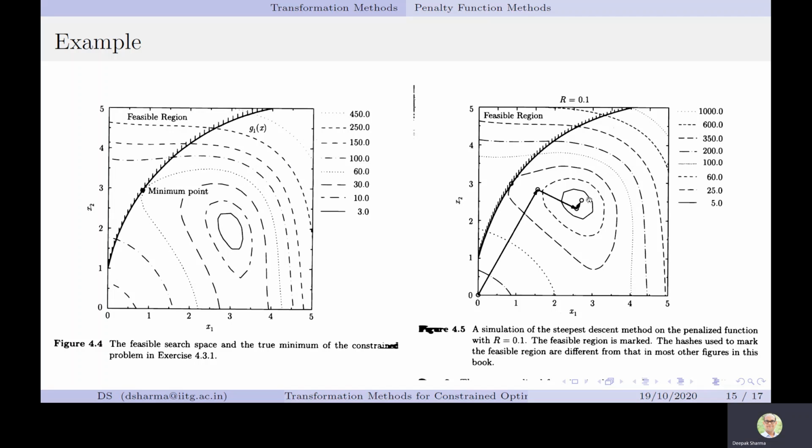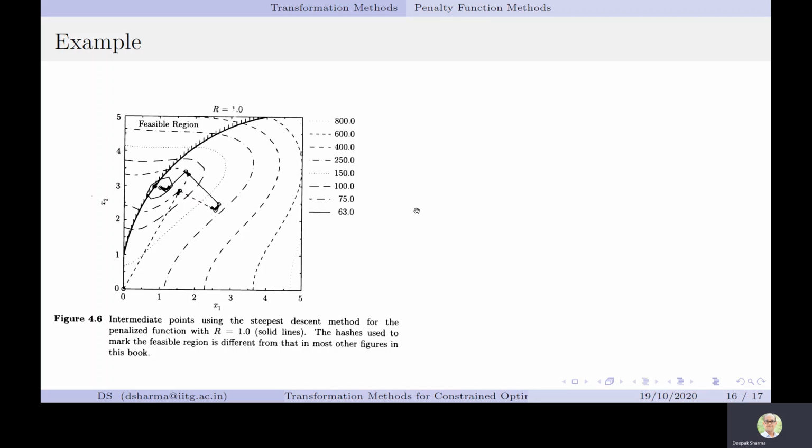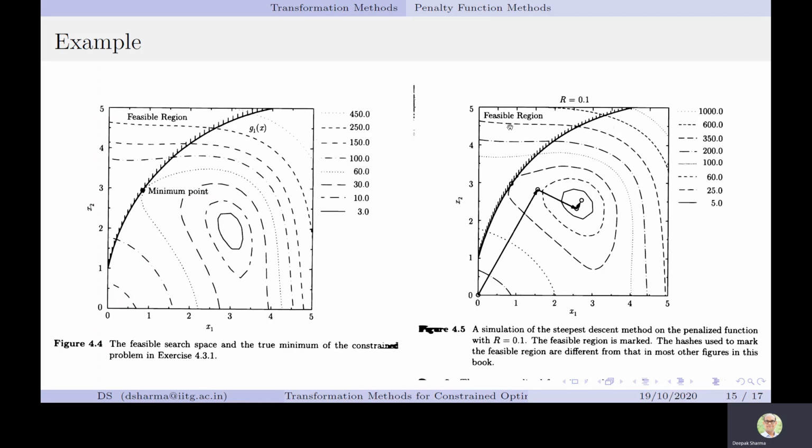But what is the important point? This particular point is relatively closer to our optimum solution as compared to (0, 0). And our task is to find the optimum solution for the given problem, right? Fine. Thereafter, we will take r equals 1. Now can you see in the previous figure the contours of these functions?